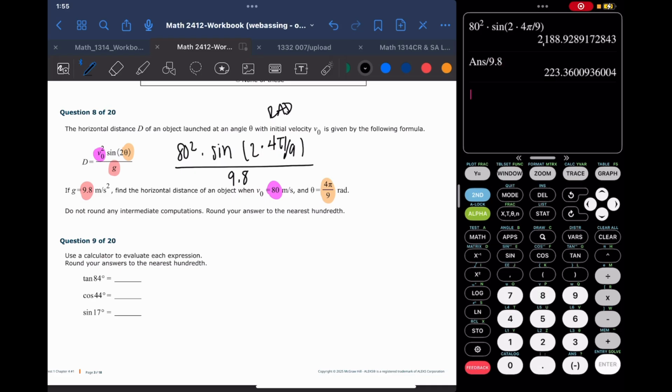It wants 2 decimal places, so that's going to be 223.36 meters. That's our solution.